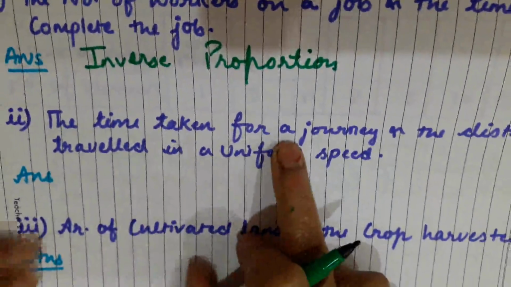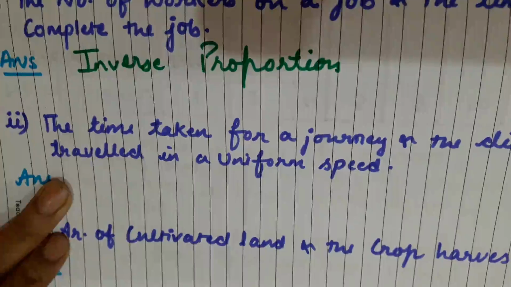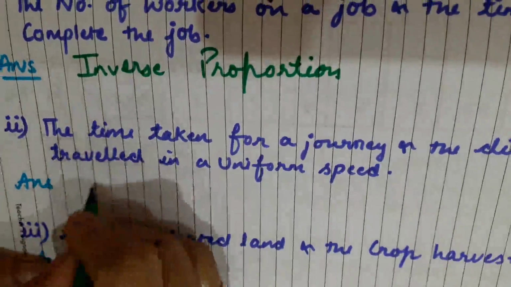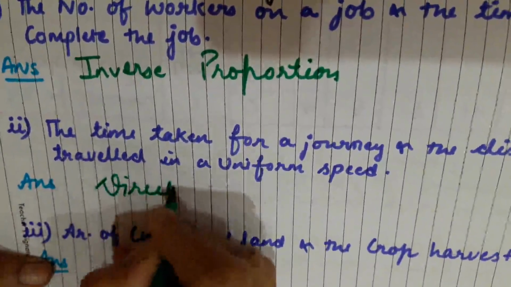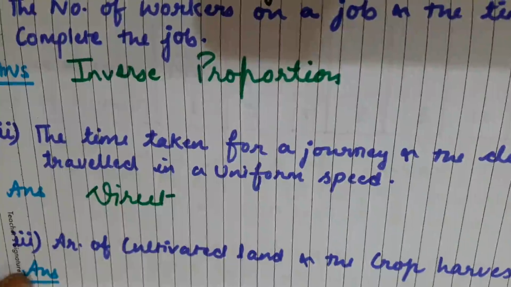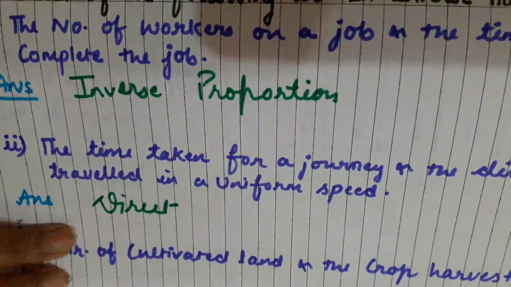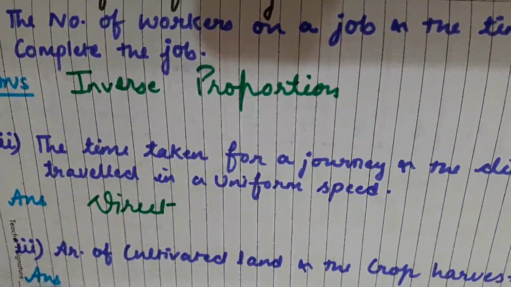Now let's see the next situation: time taken for a journey and distance traveled at a uniform speed. This is an example of direct proportion, because when we move at uniform speed, distance and time both move in the same direction.